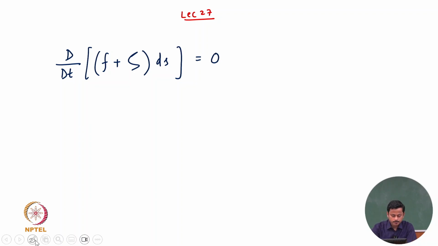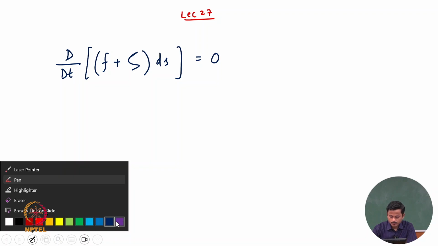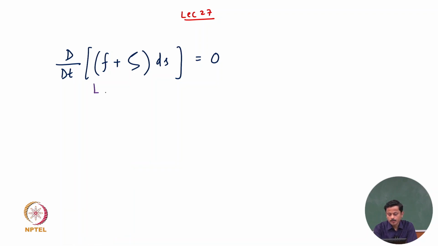This product, f plus zeta, the planetary vorticity plus the relative vorticity, times dS. The dS is the elementary area of the fluid parcel that we are considering.